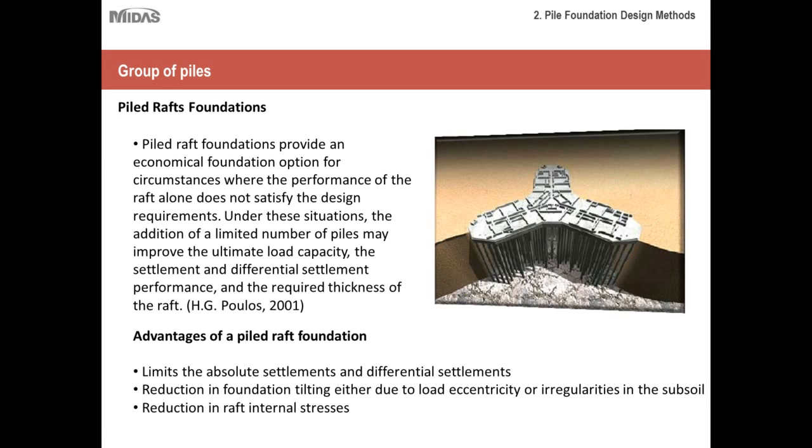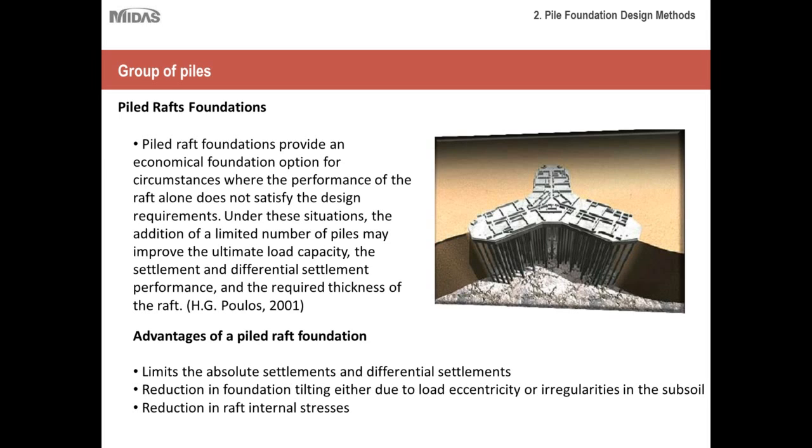So first of all, piled raft foundation limits the absolute settlement and the differential settlement because it is more uniformly supported all throughout. There are ambiguities in the soil strata, so the piled raft foundation helps you in controlling these settlements. Then it leads to the reduction in the foundation tilting, which could be due to load eccentricities or irregularities in the subsoil.